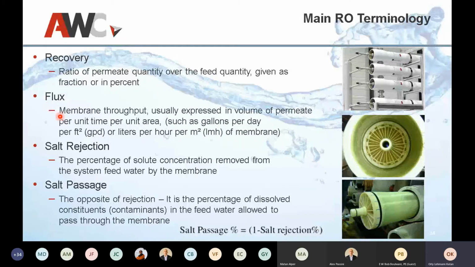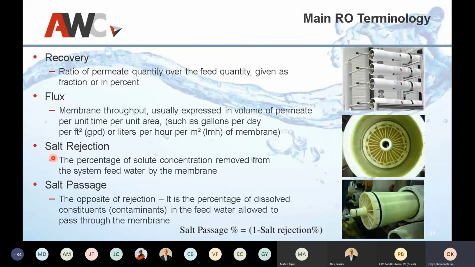Flux is the membrane throughput. We're usually talking about the volume of permeate per unit of time per area. This is another very important parameter in the design of reverse osmosis, and I will show you in a minute how we use it and how it affects our system.